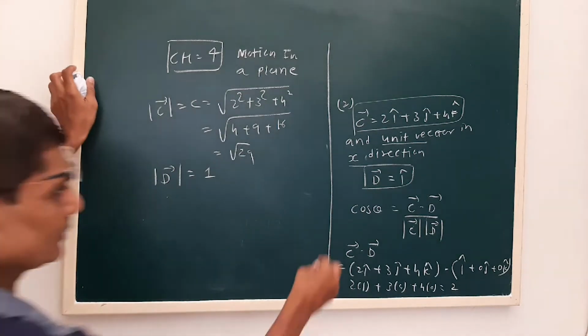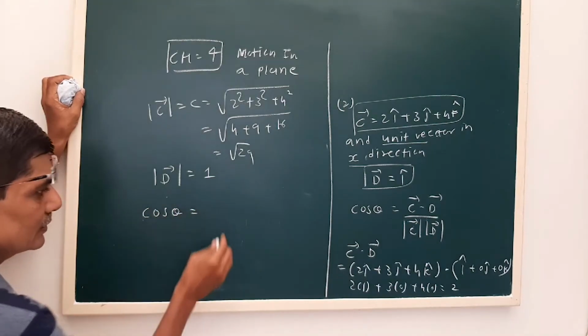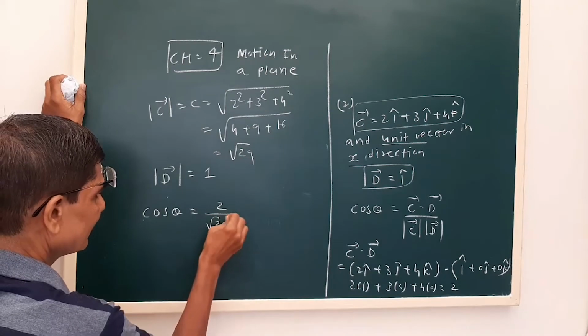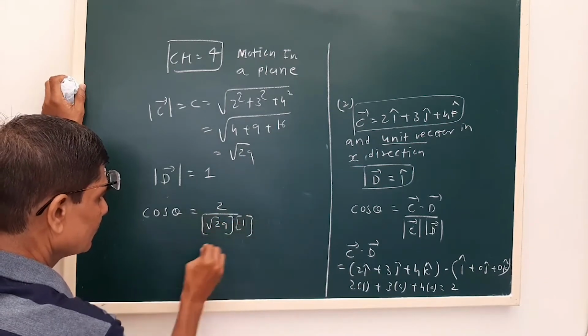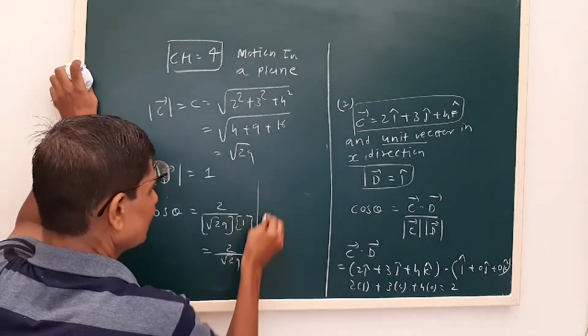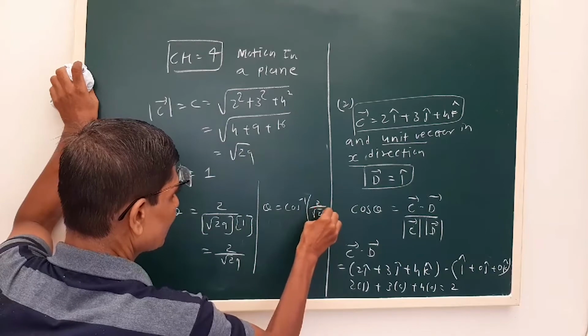If I substitute in this formula, cos theta is C dot D upon the magnitudes. C dot D we have obtained as 2. This is root 29 and 1. So 2 upon root 29. So theta is cos inverse 2 upon root 29.